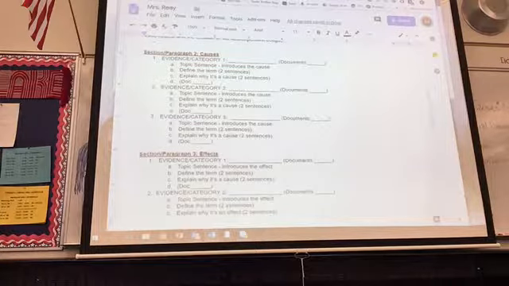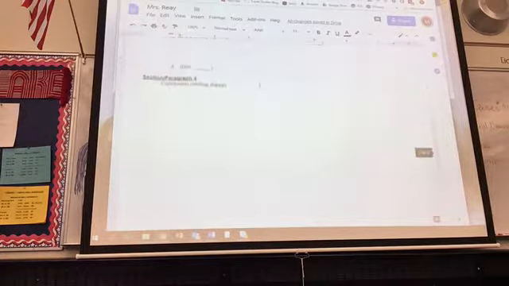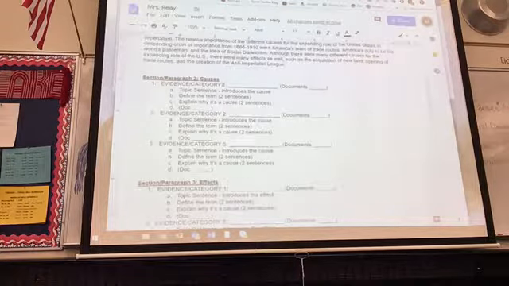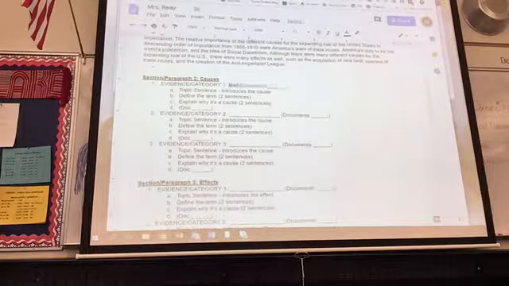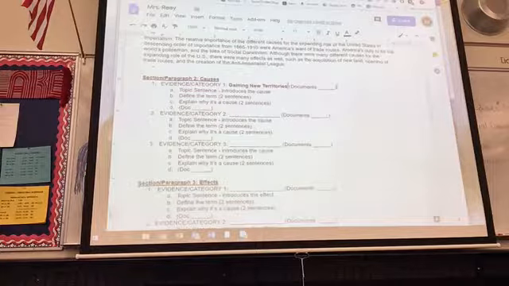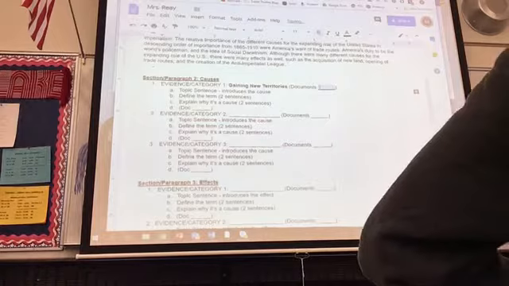Okay? So back on my essay, I've created a giant outline for you. If I say that my top category of the most important is gaining new territories, I'm going to highlight this blank, and I'm going to write gaining new territories. And then where it says documents, I'm going to add whatever documents I put in that chart.